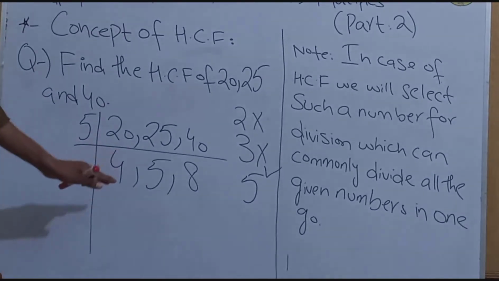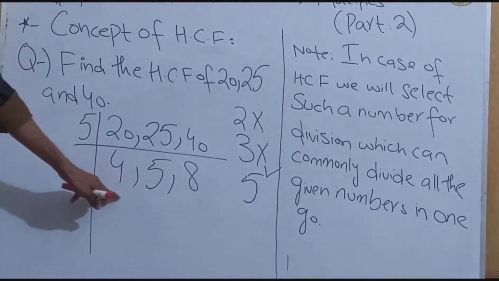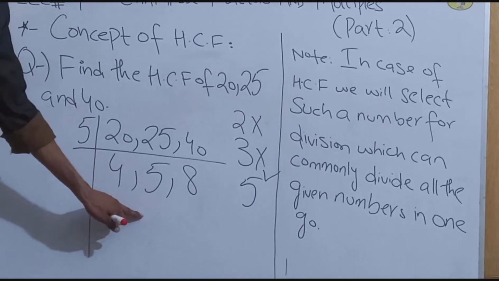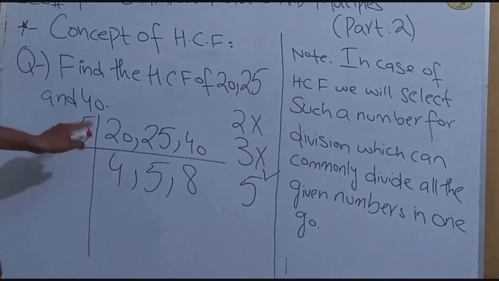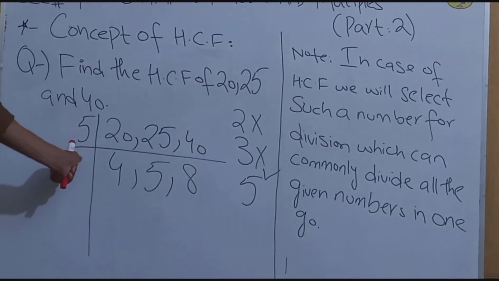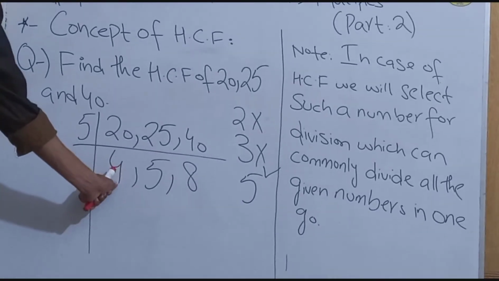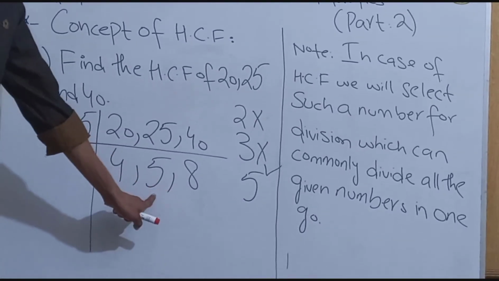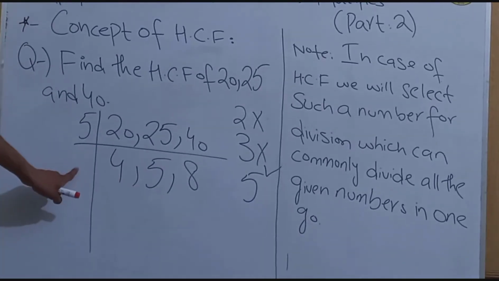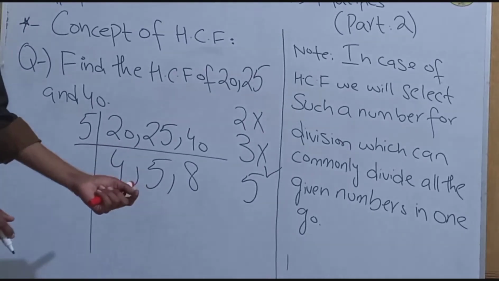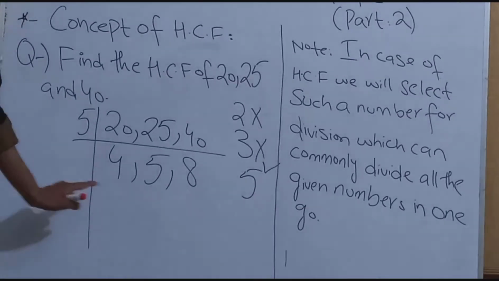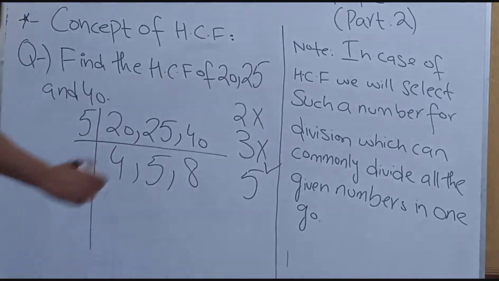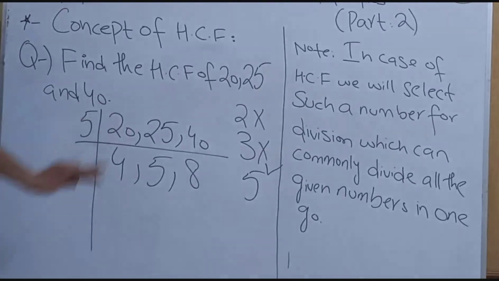Now we will check whether these numbers have a common factor. So we will start with the least prime number. Let's check it by 2. 4 is divisible by 2, but 5 is not divisible by 2. We will check it by 3. 4 is not divisible by 3, so 3 is rejected. We will check it by 5. No, because 4 is less than 5.